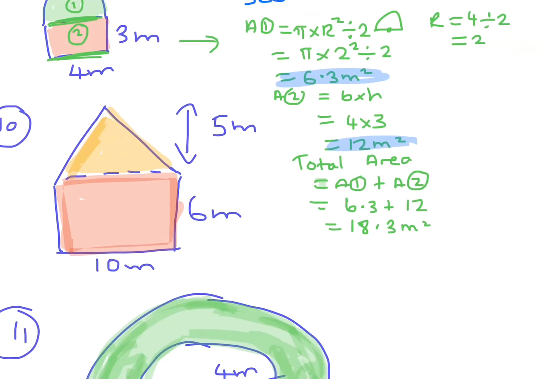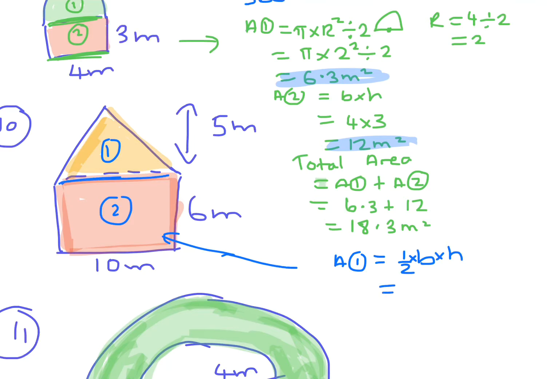Okay, so just looking at the next one, this one here, we have area 1 and area 2. So area 1, okay, that's a triangle. So it's a half base times the height. So the base is 10, because that's 10 there. If you bring the 10 up, so it'll be a half times 10 times the height, which is 5.